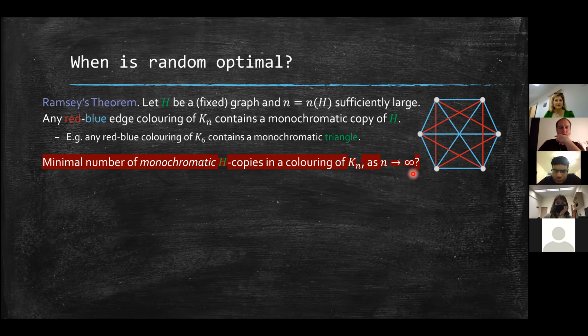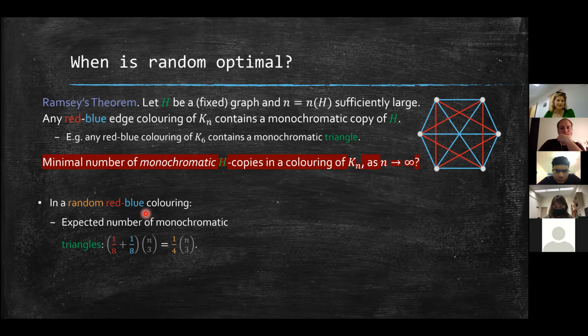Faced with this question, you would probably say, what about the random coloring? How does it perform? Here you take the edges of your complete graph and you just color them red, blue independently at random. Now the expected number of monochromatic triangles is a quarter of n choose 3.